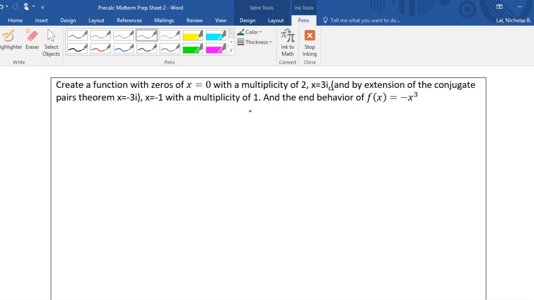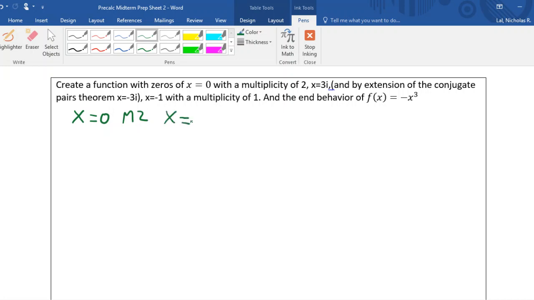Just put over zeros. So I have x equals 0, and our multiplicity here is 2, x equals negative 1.